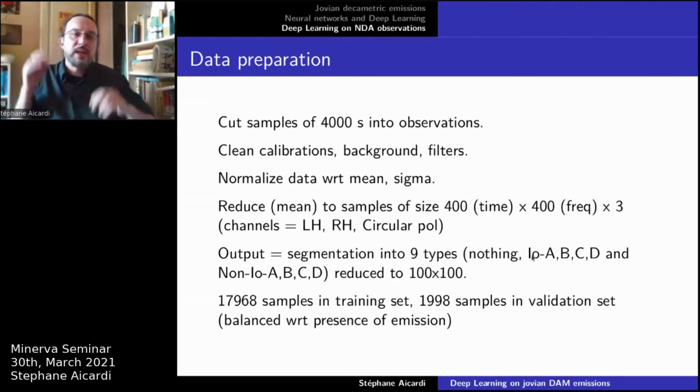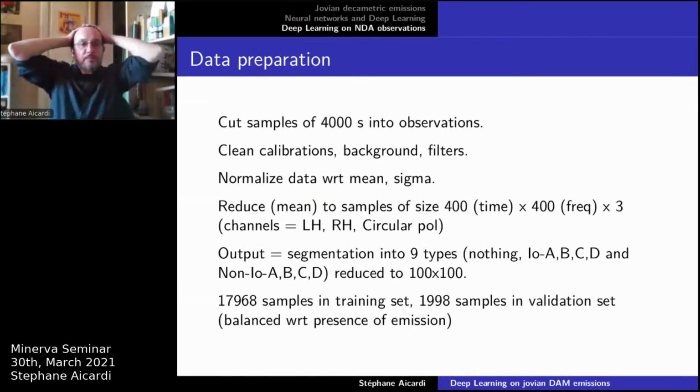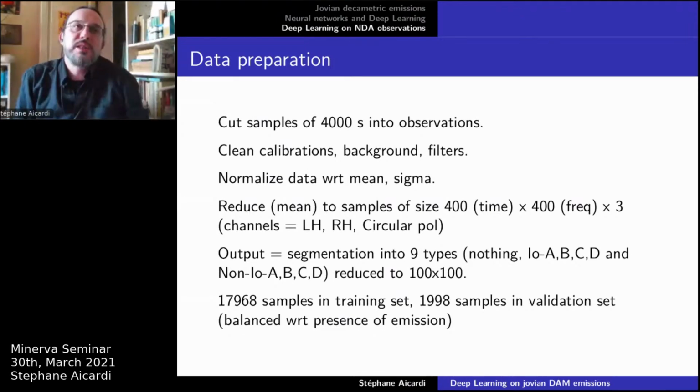For this, I cut samples of 400 seconds into observations. Why these 400 seconds? It's because most of the emissions are in a time range of about an hour.